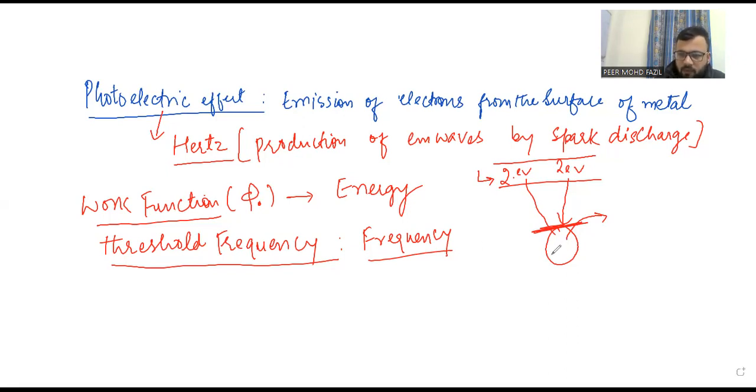But the minimum frequency that the wave or radiation must possess so that it can knock out the electron is known as the threshold frequency. So threshold frequency is similar to work function, but the concern is with frequency. We denote the minimum frequency with nu, so that the electrons get knocked out.